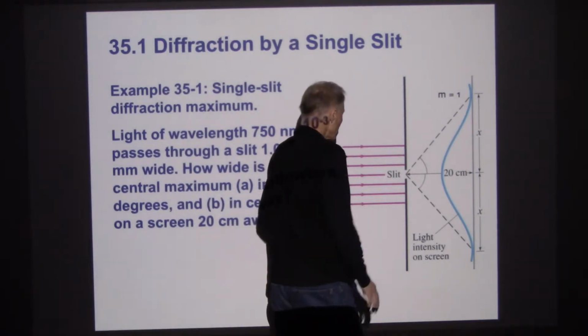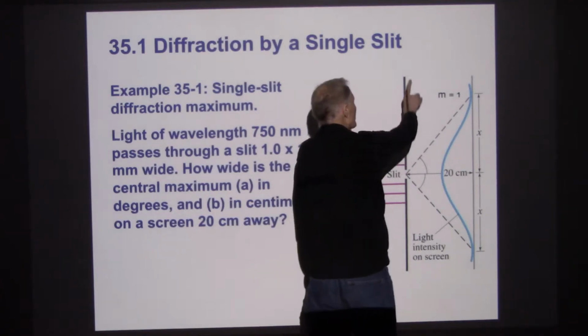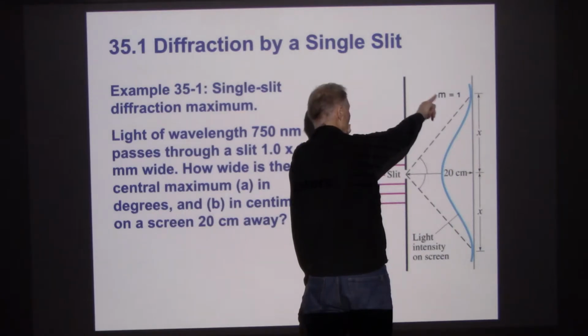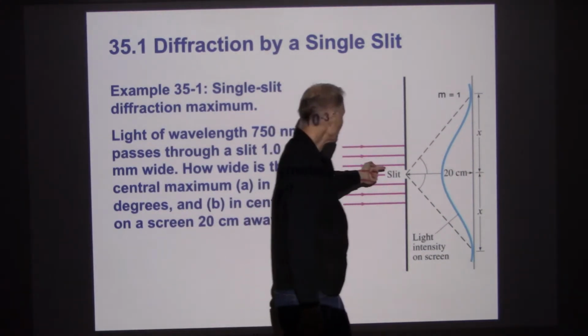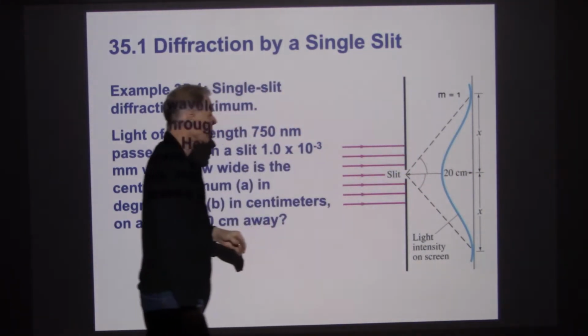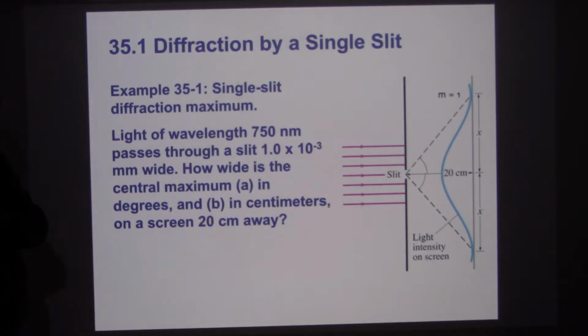And for those photons that don't get absorbed by the barrier, that do pass through the slit, there's this range of directions that they could end up traveling. So we have to take all of these into account. Now, if we look at a point straight ahead on the screen, that's where we're going to have our highest probability of the photon ending up. So that's what the central maximum looks like.